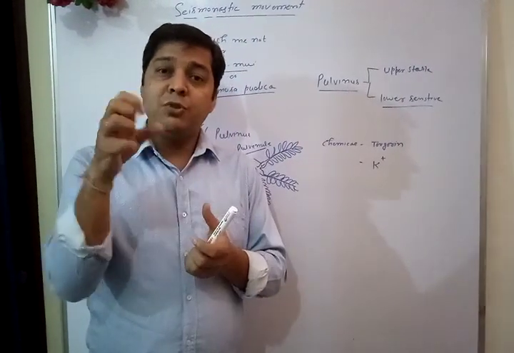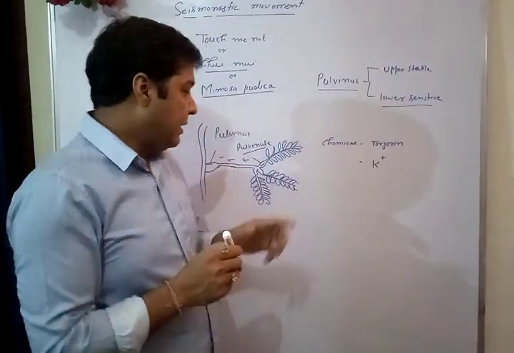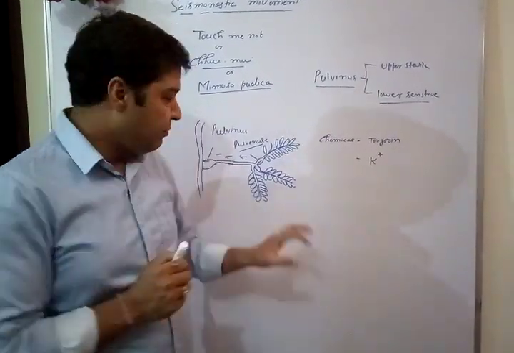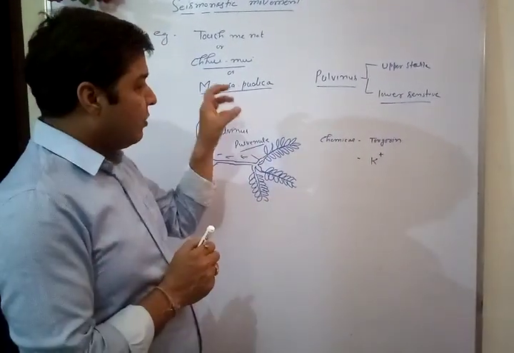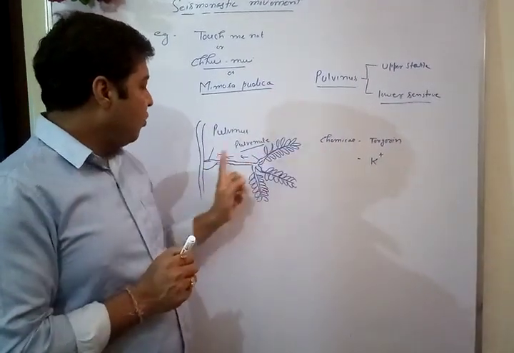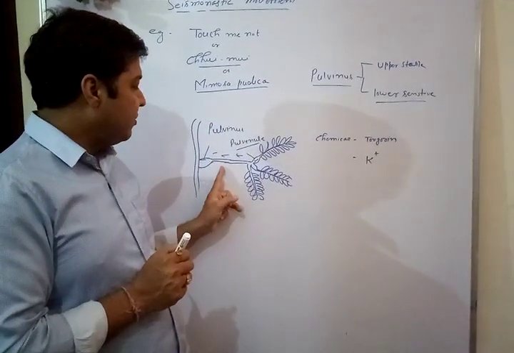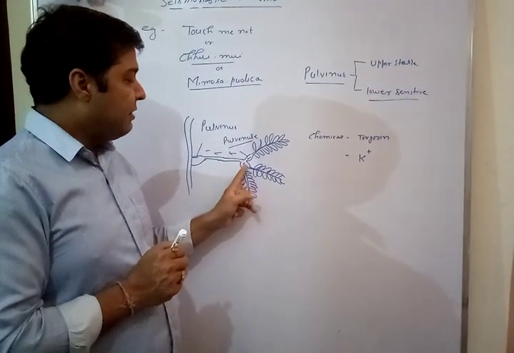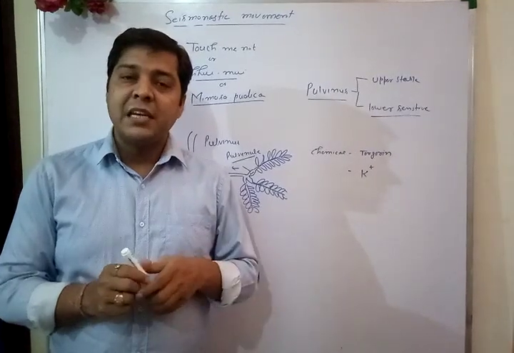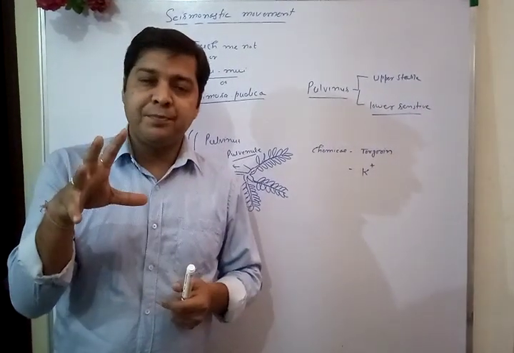All the leaves become drooping, and when we withdraw our hands from these leaves, the cytoplasmic fluids start moving from the lower sensitive part of the pulvinus towards the pulvinule, and then finally back to the leaves, and again the leaves become flaccid.